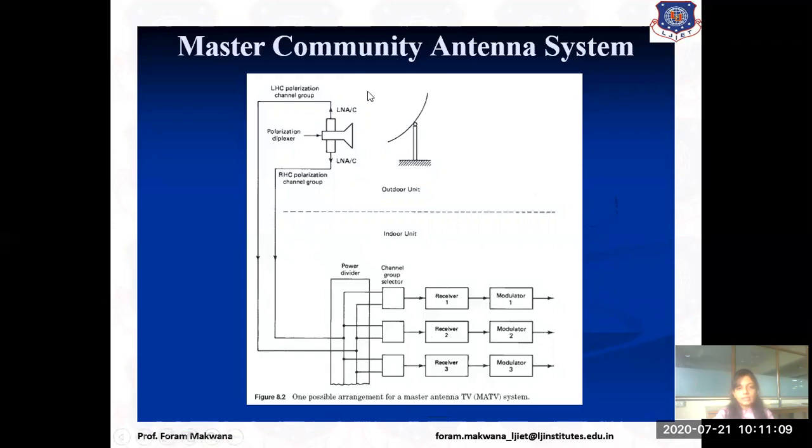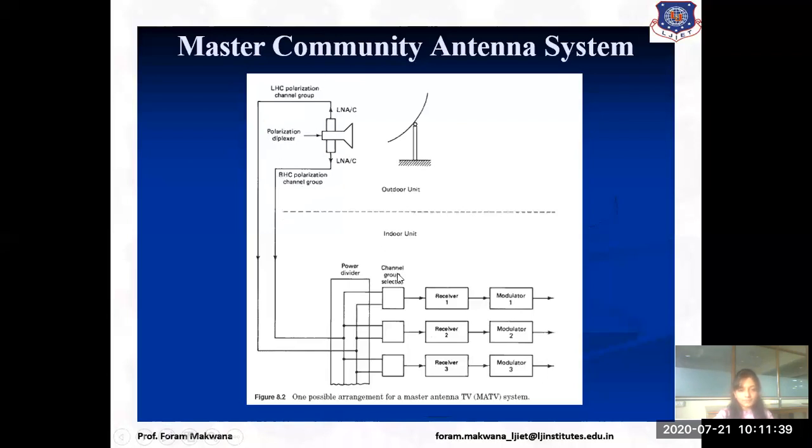The signal which we receive with the help of this parabolic dish antenna is focused on this horn, which converts a specific frequency into a left hand circular polarized channel group and a right hand circular polarized channel group. Why do we separate out the left hand and right hand circular polarized channels?